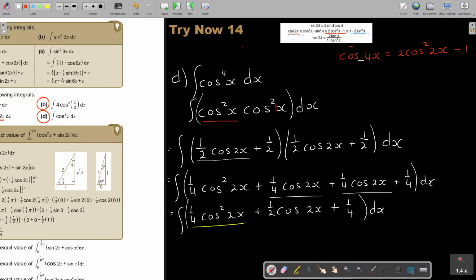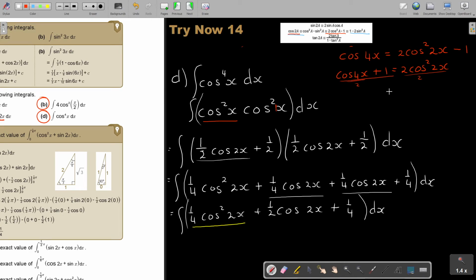Just like I had, remember, the 6 and the 3, or the 1 and the half, it's the same principle. Okay, so let's make this the subject. Then it's cos 4x plus 1, and then I divide by 2, the whole thing.